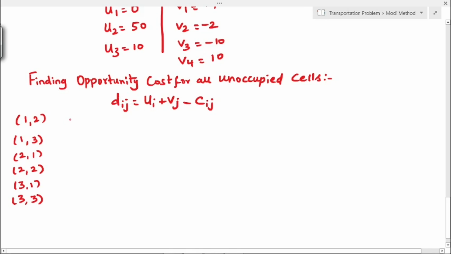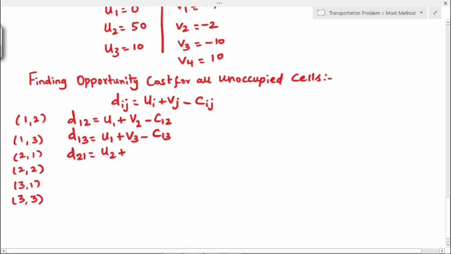First, D12, because this is I and this is J: D12 equals U1 plus V2 minus C12. D13 equals U1 plus V3 minus C13. This is 2,1, where I is 2 and J is 1, so D21 equals U2 plus V1 minus C21.